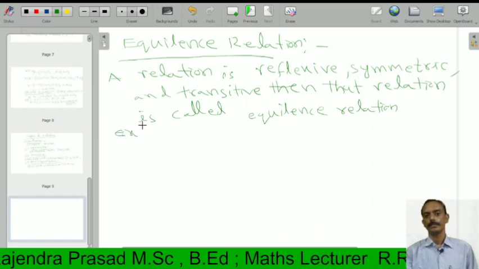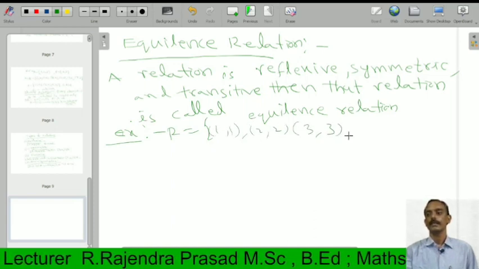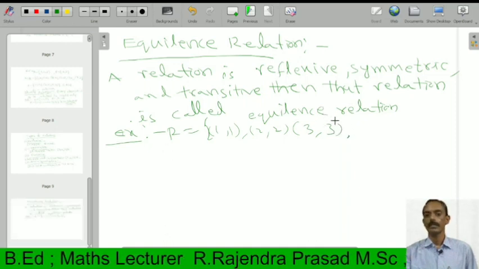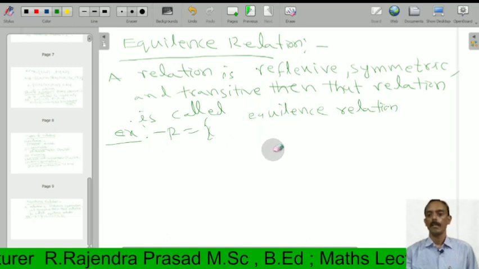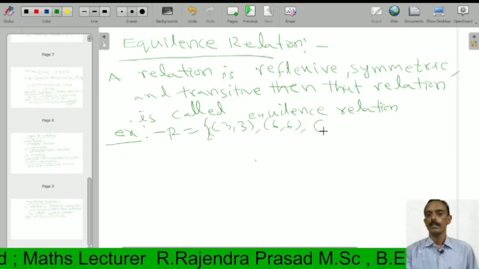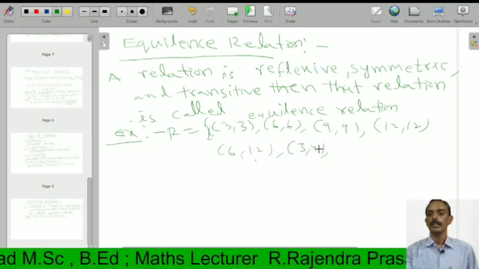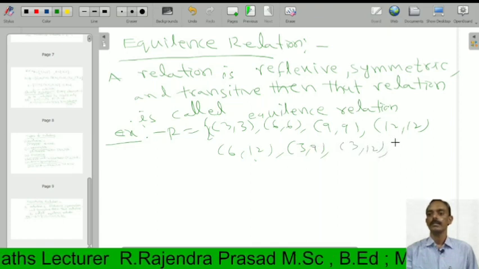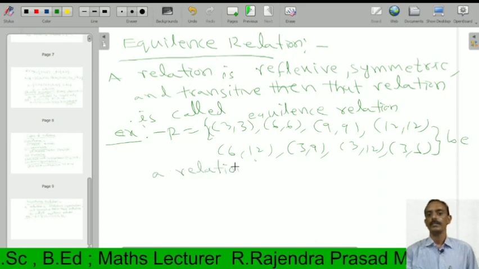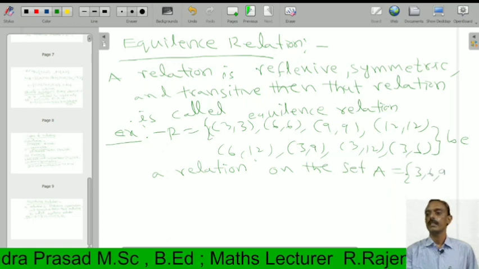For example, R equals {(3,3), (6,6), (9,9), (12,12), (6,12), (3,9), (3,12), (3,6)} be a relation on the set A equals {3, 6, 9, 12}.